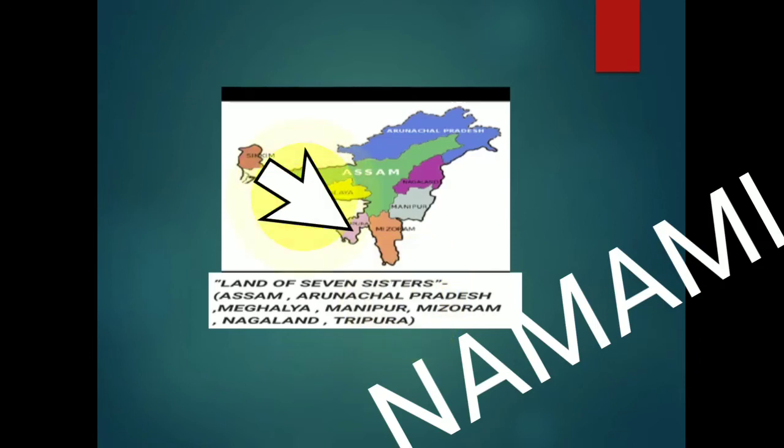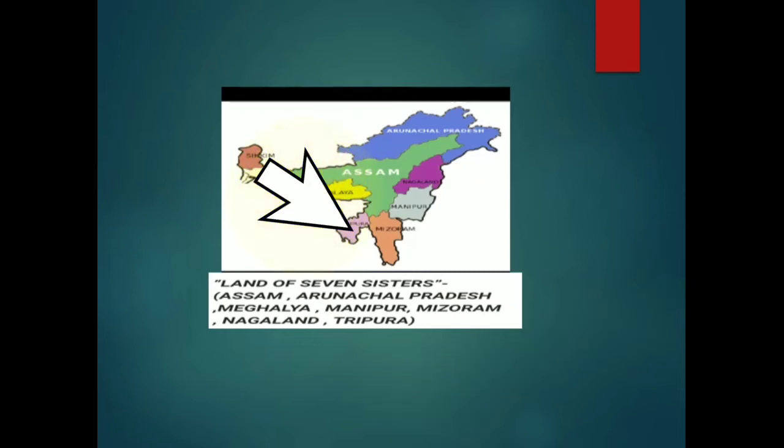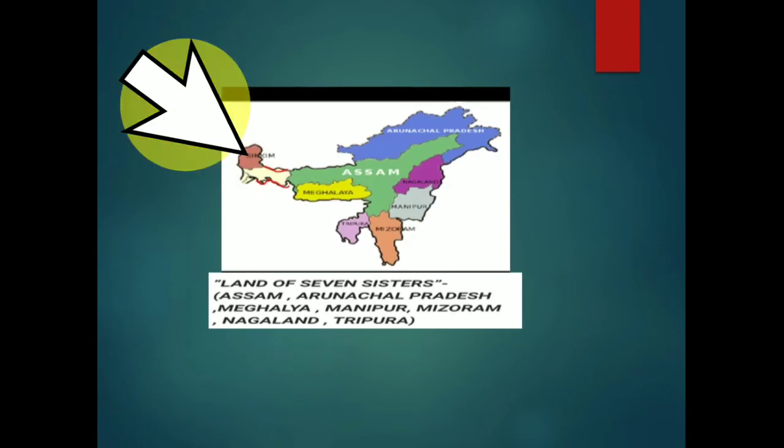Now we locate Tripura. This is the state Tripura. We are almost done with the location of all the seven sister states. Now we are left with only one state, that is Sikkim. We call it the brother of all the seven sisters. So this is Sikkim.